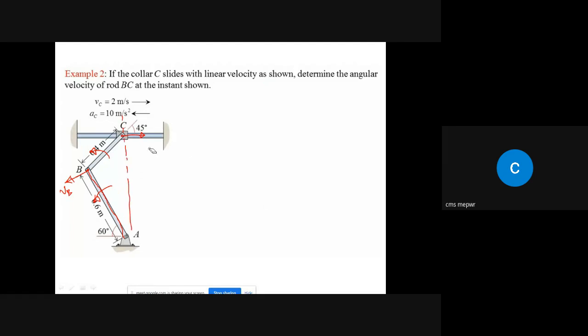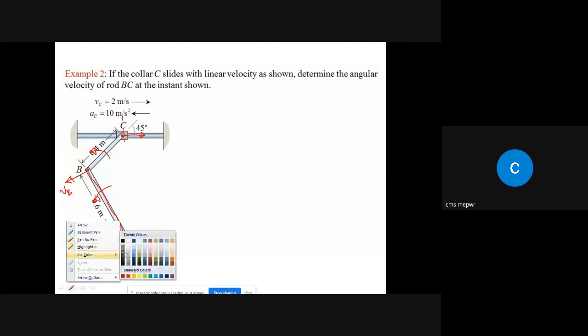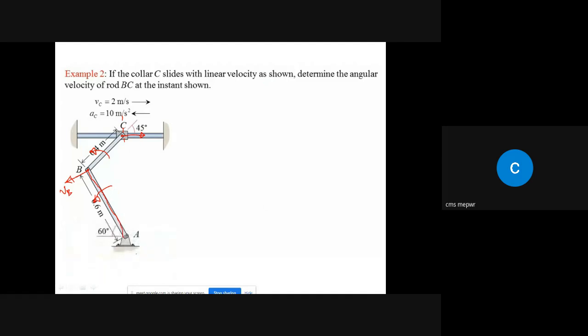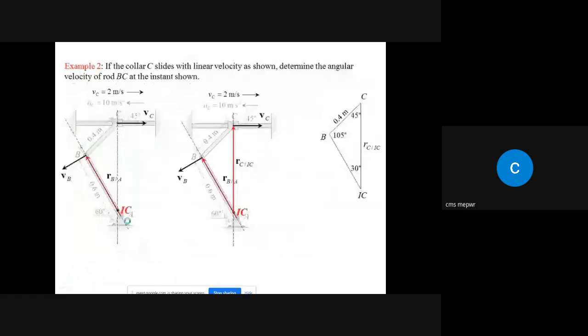Let me draw it again. Let's change the color of the pen. If I draw a line like this, and perpendicular to this one will be like this, the point where they intersect will be our instantaneous center.